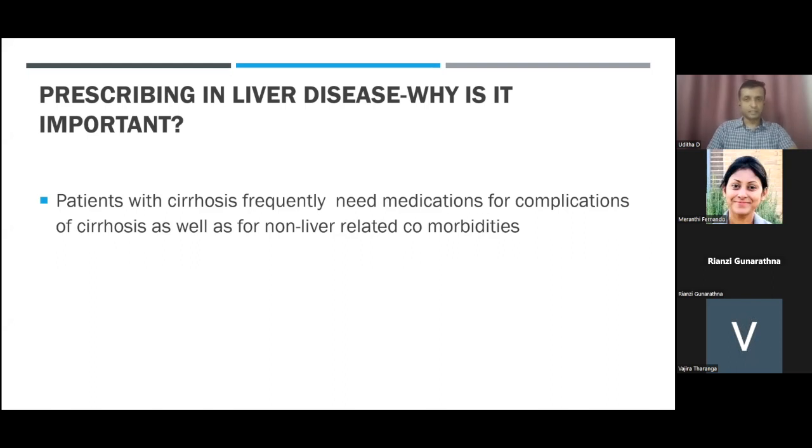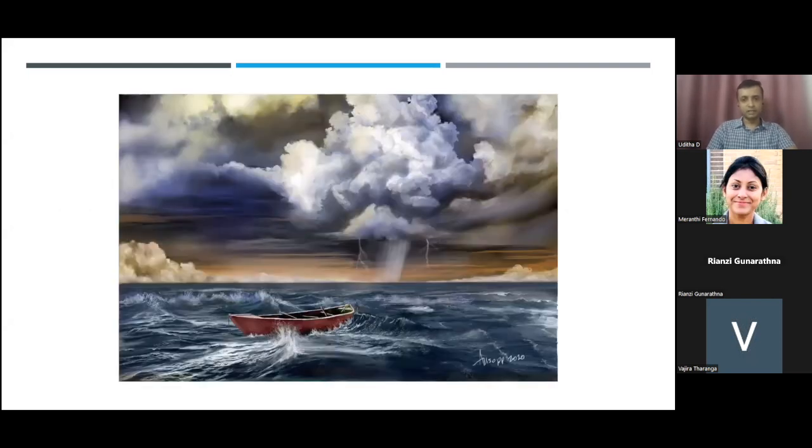Now, this topic is going to be more and more relevant to us in the future, because we are now in front of an impending storm. Like, we are seeing a storm in the distance. I think a lot of you, if you are doing general practice or seeing patients, might have noticed that a lot of patients are now being diagnosed with liver cirrhosis as an incidental finding.